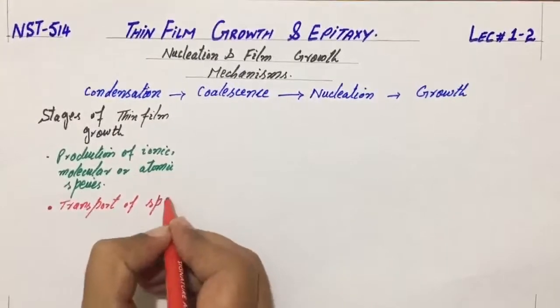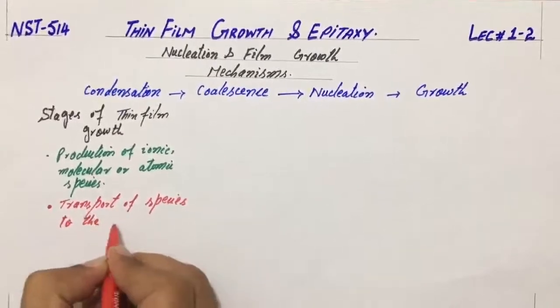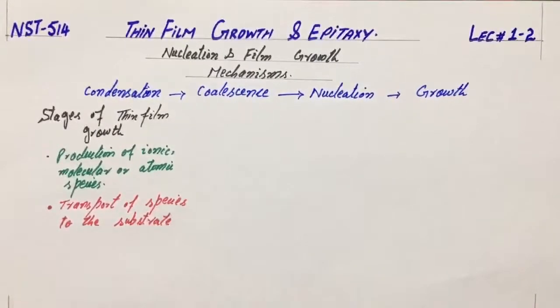If we transport these species to the substrate and we change the pressure of the ambience, then its energy will be changed, and if its energy is changed, then its condensation and the rest of the parameters will be changed. For example, if the pressure is higher, then it will have more collisional effect with the ambience and it will lose its kinetic energy, and its temperature will decrease, which will result in a change in enthalpy and the free energy of the particle.